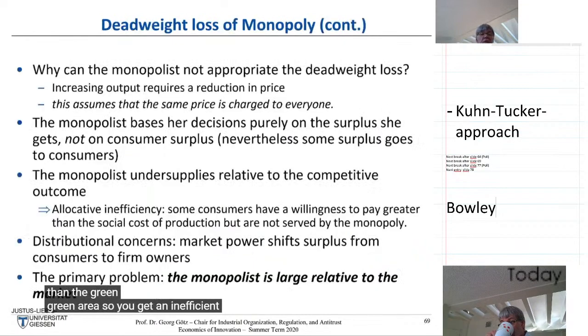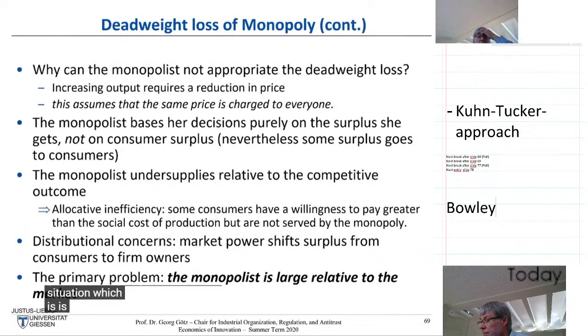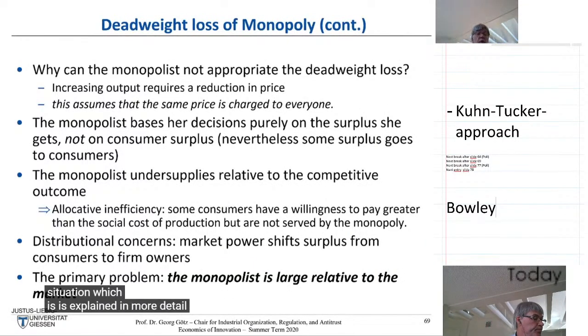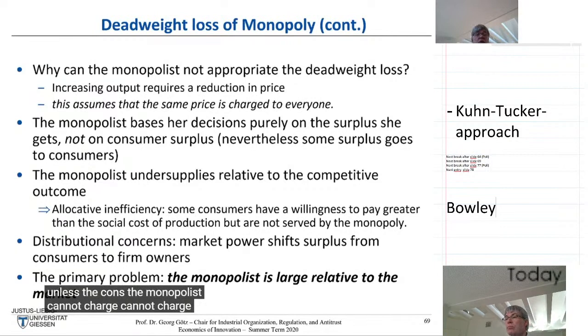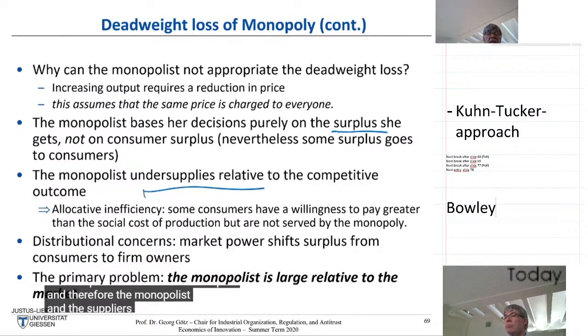So you get an inefficient situation, unless the monopolist cannot charge different prices to different consumers, that is, cannot price discriminate, you will have this deadweight loss. And of course, a monopolist is only interested in her own profit, not in consumer surplus. And therefore, the monopolist undersupplies relative to the competitive outcome, and we get allocative inefficiency.